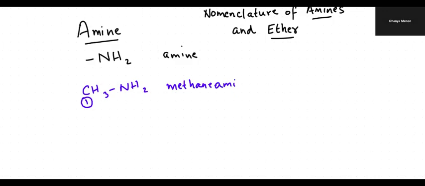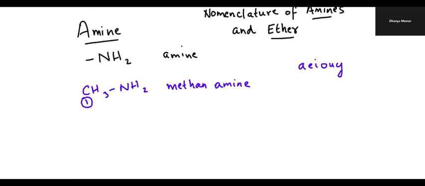And I removed this E because, as I told you in my previous video, when the vowels E, A, E, I, O, U, Y come near each other, we remove the previous one. Like E and A are coming near each other, so I remove the previous one, which is E. So it is methanamine.